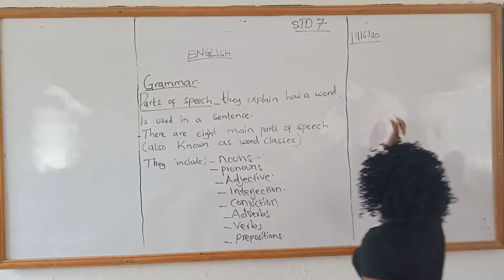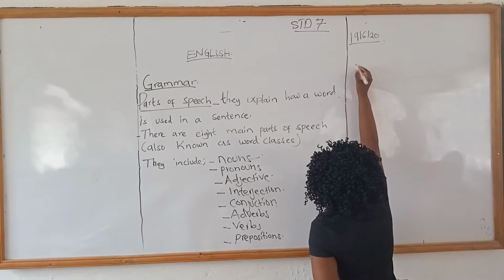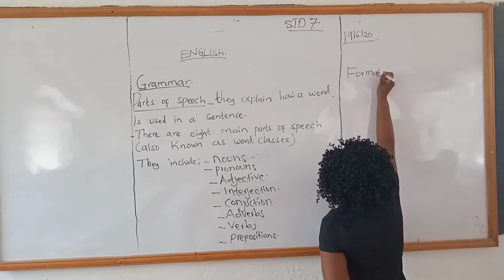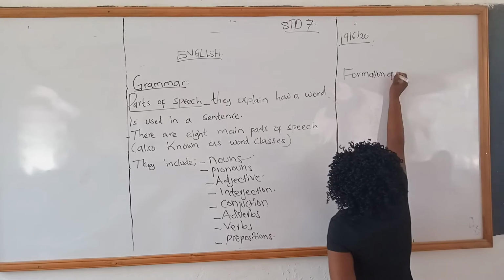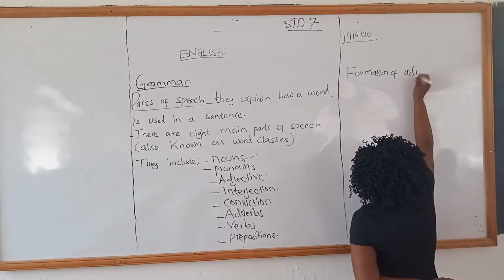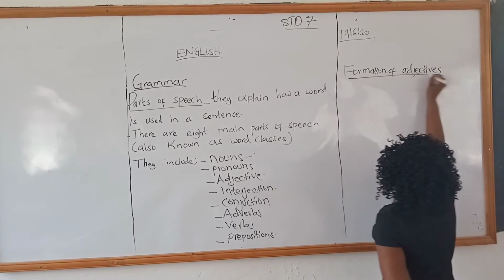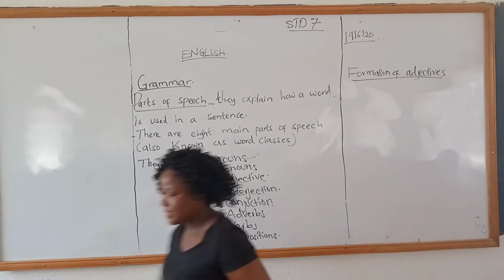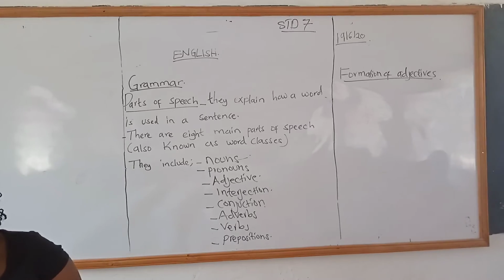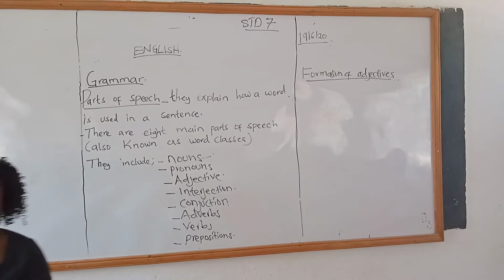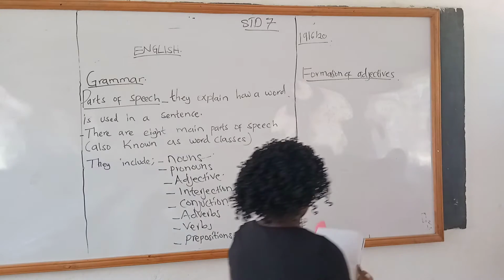Then we are going to talk about formation of adjectives. Adjectives are majorly formed from nouns. And we've said that a noun is a naming word.